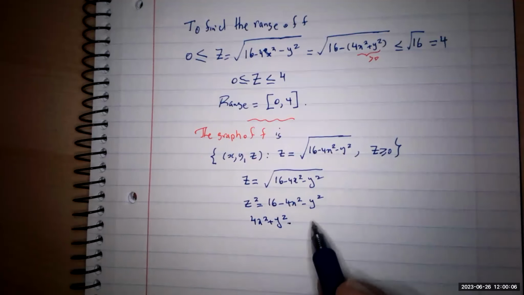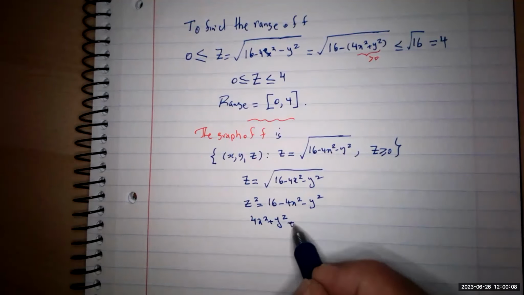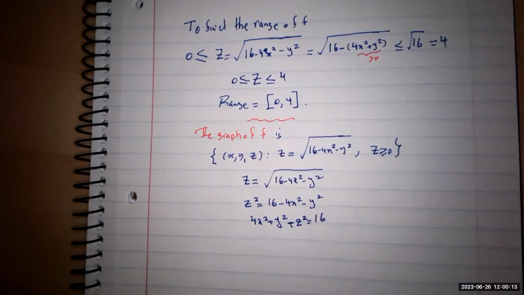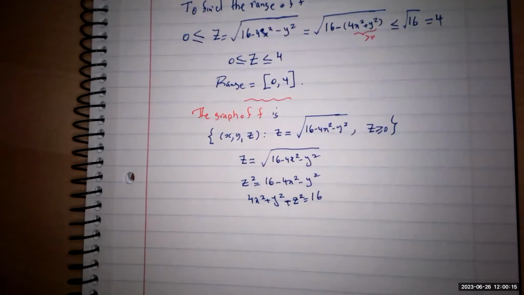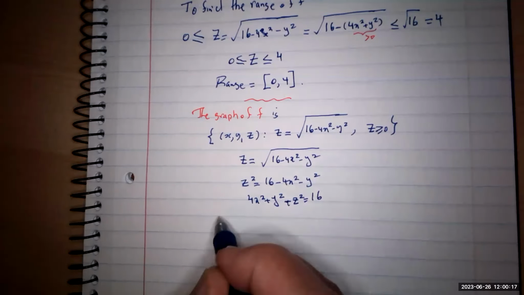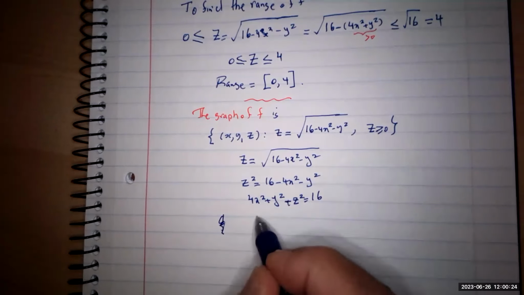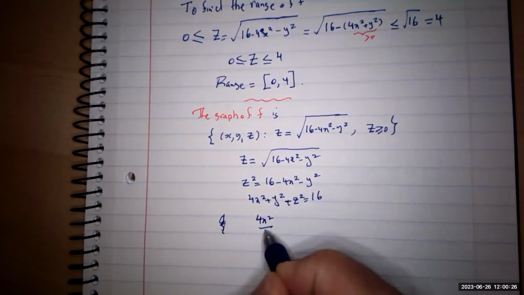This is going to be 4x squared plus y squared plus z squared equal to 16. Okay, you know that this is going to be an ellipse. So you can continue to write it in the ellipse form. If you like, you can divide by 16, you don't have to.